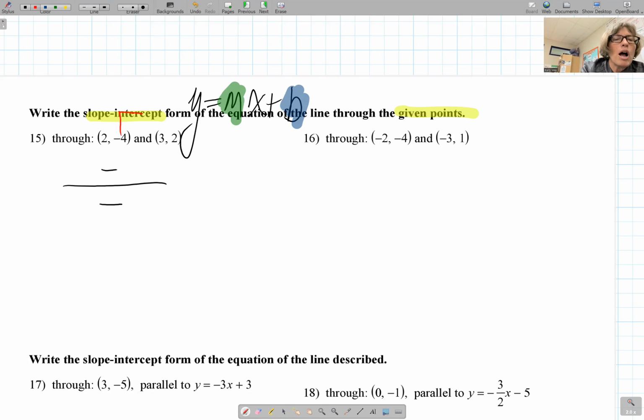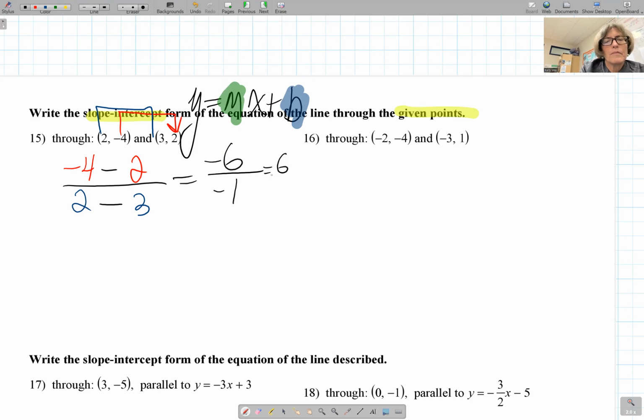Y minus y over x minus x. Going left to right, left to right. So right there, I know my slope is going to be 6 over 1.